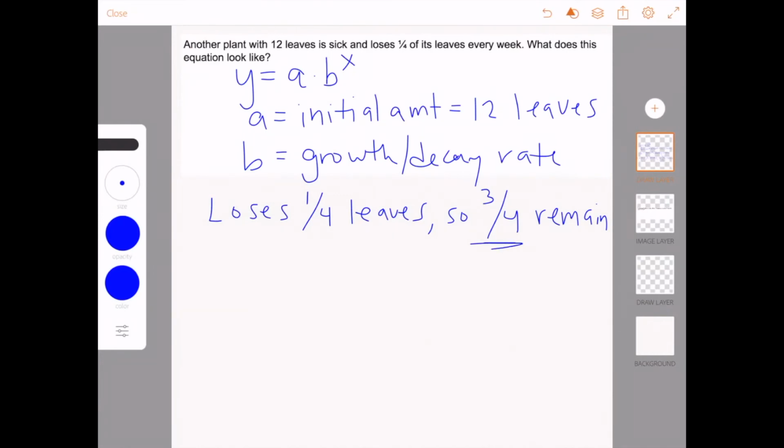We want to use 3/4 as our growth factor because we're taking into account the amount of leaves that stay every week. And when we plug in a value for x, we'll get the number of leaves that remain on the plant at the end of that week. And I want to point out, because our growth factor is less than 1, this is an exponential decay problem.